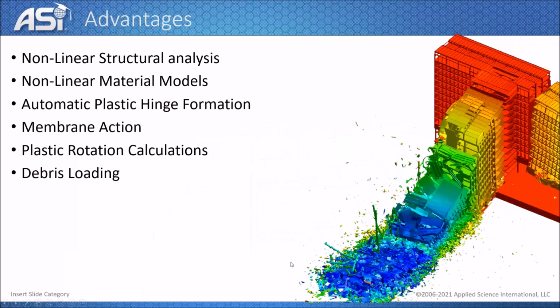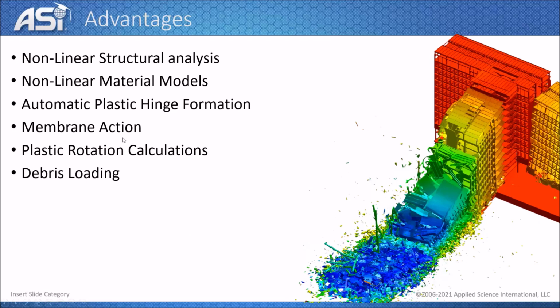Let's go ahead and see the advantages of using ELS software in doing a progressive collapse analysis. Of course, we are using a nonlinear structural analysis method with nonlinear material models. The plastic hinge formations are automatic, as we have discussed in the first introduction about ELS software.